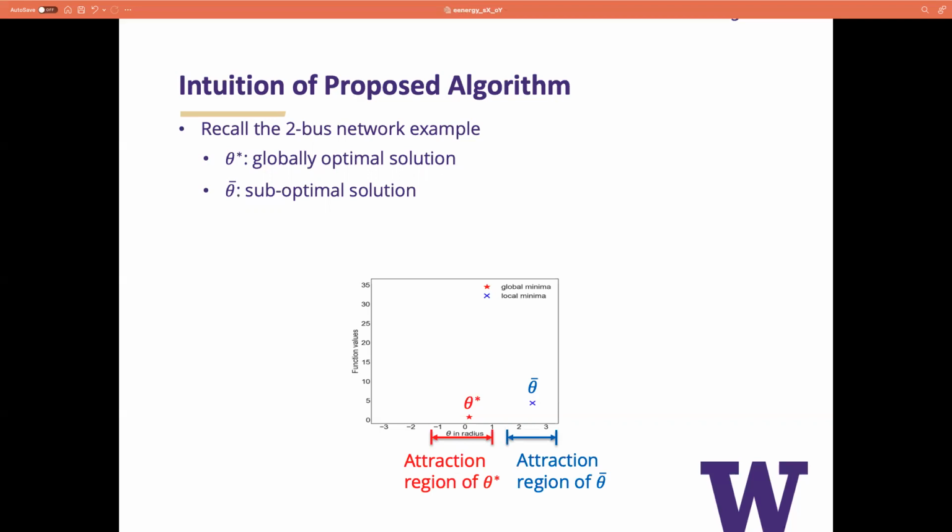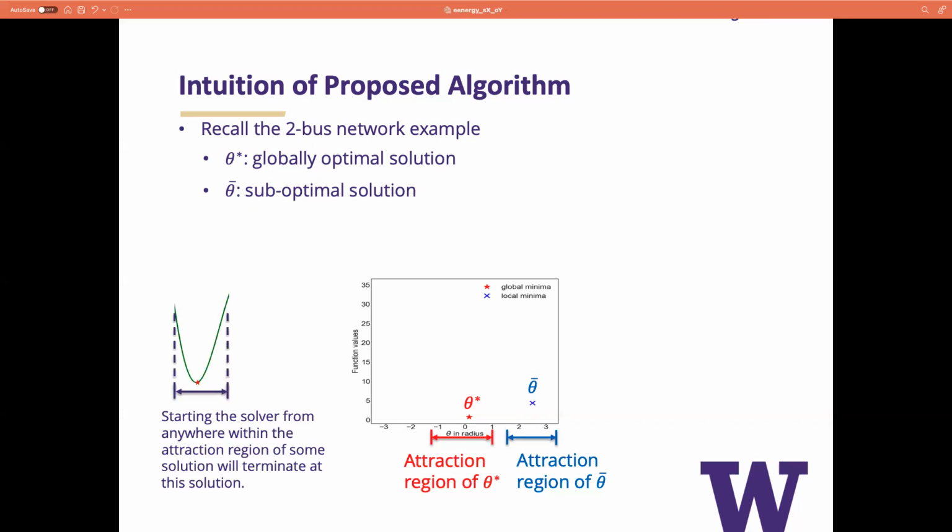Here I used these two intervals to mark the attraction region of a solution. The attraction region of a solution means if we start the solver from anywhere within this attraction region, the solver will terminate at this solution. It's kind of like it's attracted by this solution.